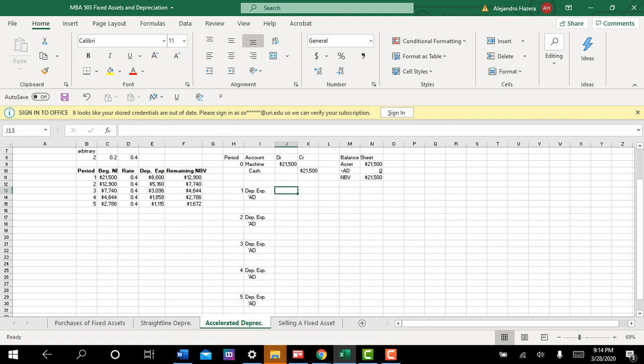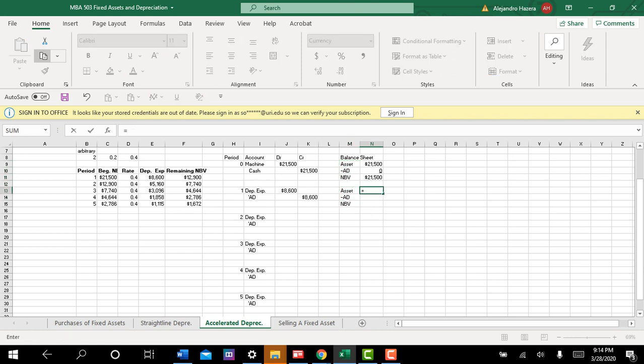Our depreciation expense for year 1 is going to be equal to $8,600. Okay, and let's go ahead and take a look at the balance sheet. Just exactly as it was for straight-line, your asset amount doesn't change.